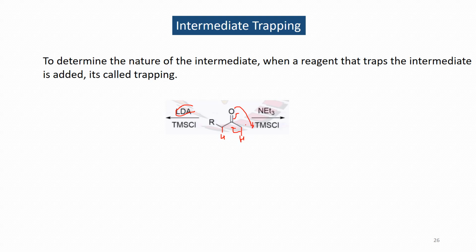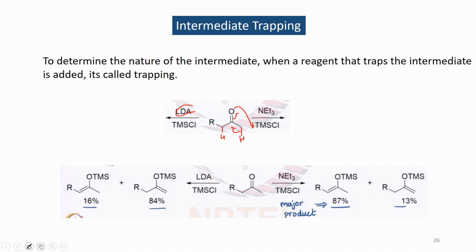Okay. So now in which case which TMS will take up? You can see whenever there is an Et3N, this CH goes here, this goes here, forming the intermediate O minus.